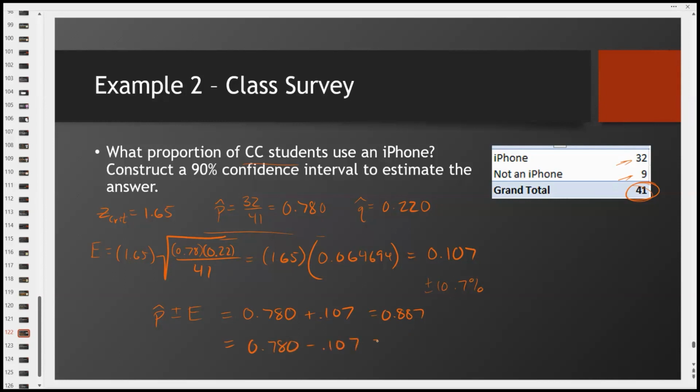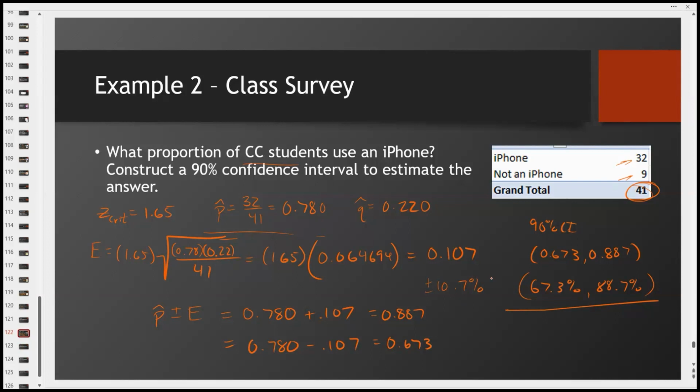If we subtract, we get 0.673, and so we can be 90% confident that the true proportion of community college students who use an iPhone is between 0.673 and 0.887, or 67.3% and 88.7%.